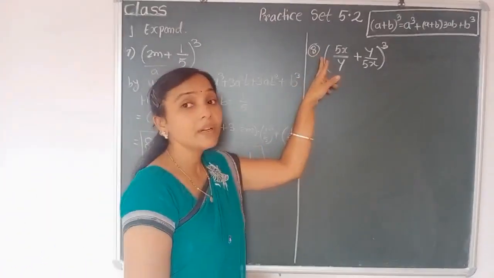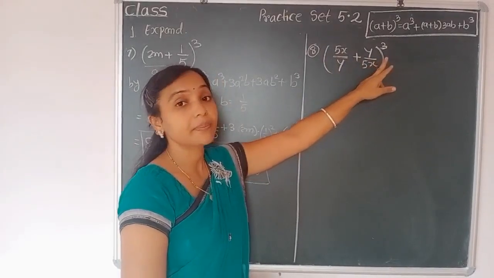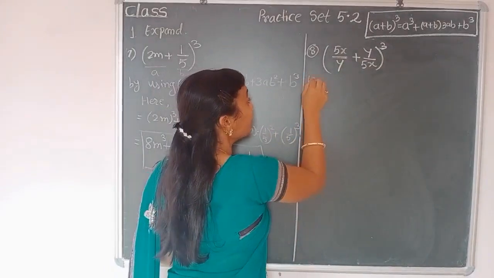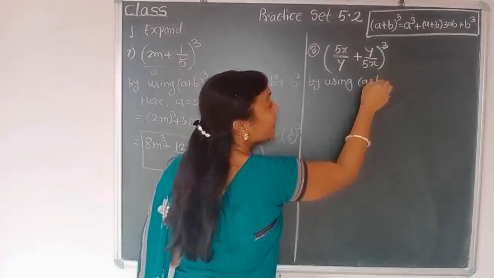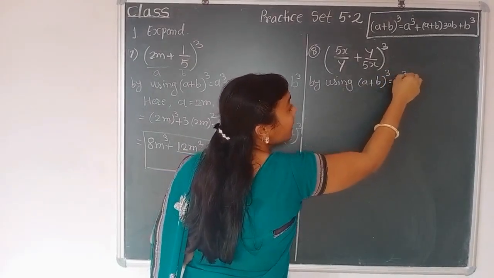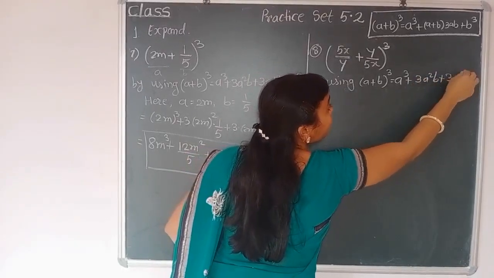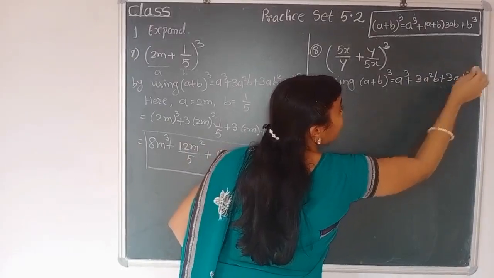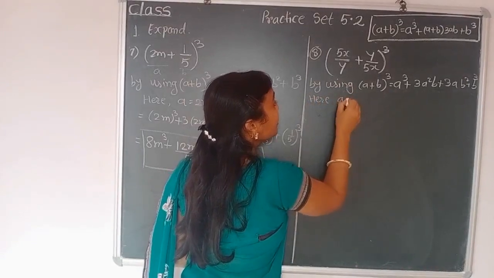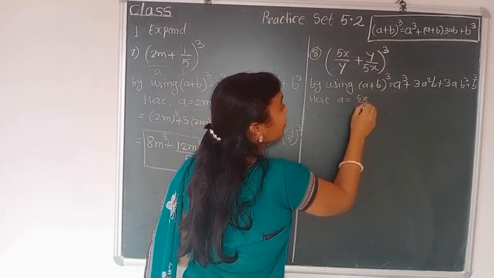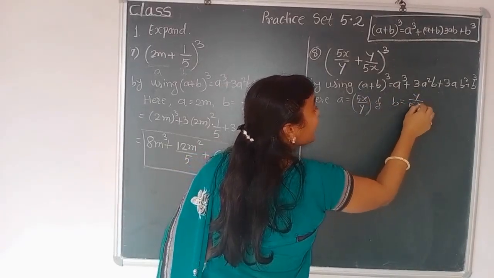Next example number 8. (5x by y plus y upon 5x) bracket cube. So again by using our formula, (a plus b) bracket cube equal to a cube plus 3 a square b plus 3 ab square plus b cube. Values of a and b. Here a is equal to 5x upon y and b is equal to y upon 5x.